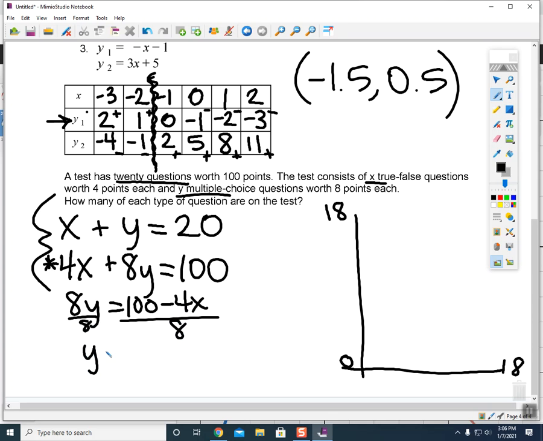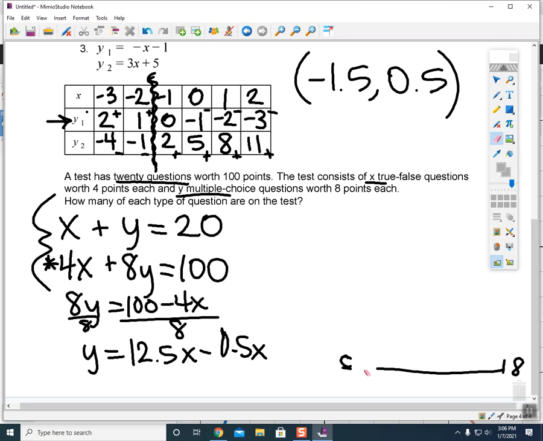You end up getting y equals 12.5 minus 0.5x. We'll just do 0.5 to keep it consistent. Does that look like a very easy equation to graph on this? Not really, right? So this is where being accurate really comes into play.